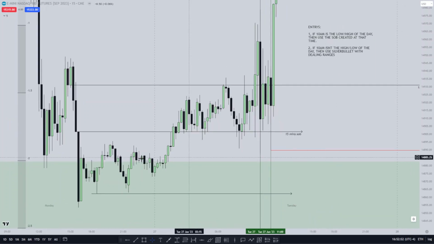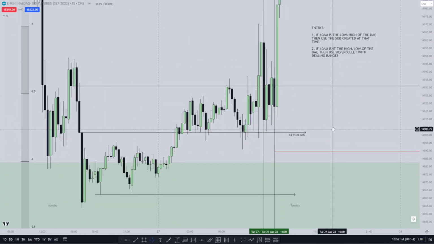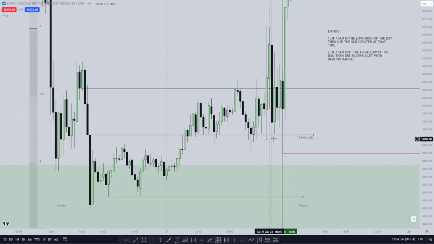Now, for this entry, the criteria is met. One is that 10 a.m. was the high and low of the day. 10 a.m. was the high of the day at that time. But what's our order flow? Our order flow is bullish, so we don't need to go shorts. There's no need for us to go shorts.